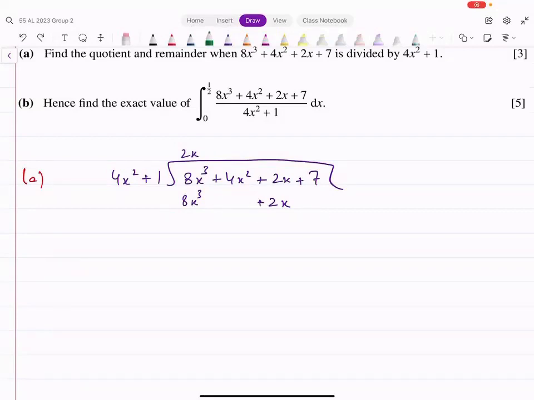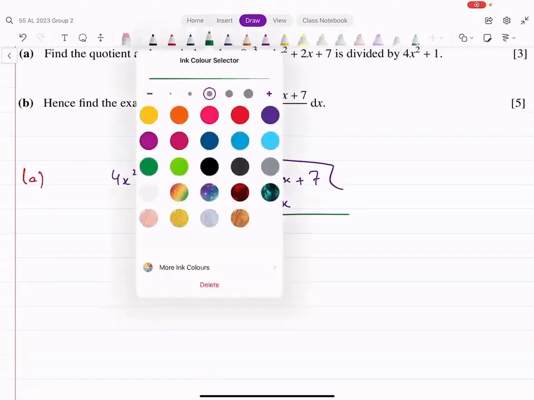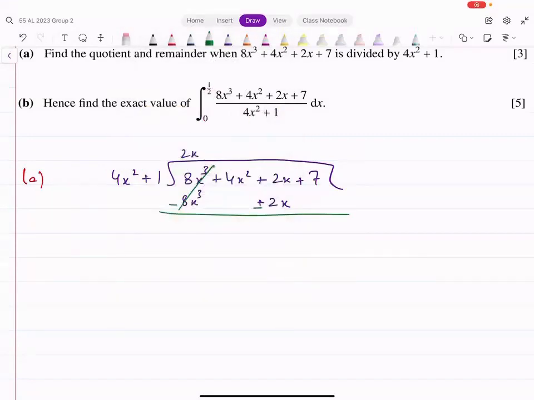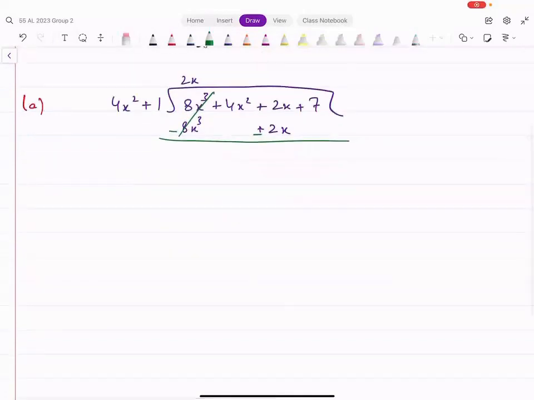Now you subtract this thing from what you have above. This gets cancelled, and we get 4x squared plus 0x plus 7. What do you multiply by now? Plus 1. Plus 1 से multiply करेंगे हमें क्या मिलेगा? 4x squared plus 1.